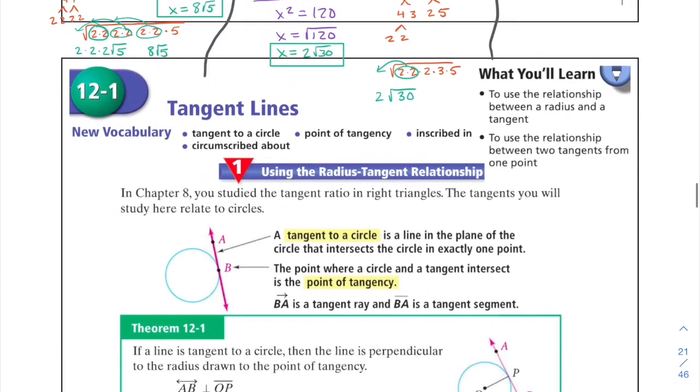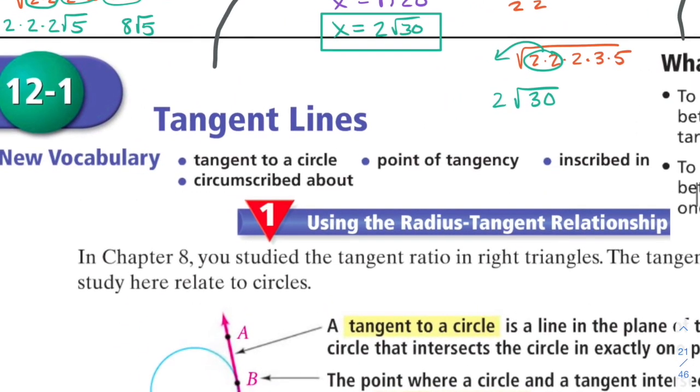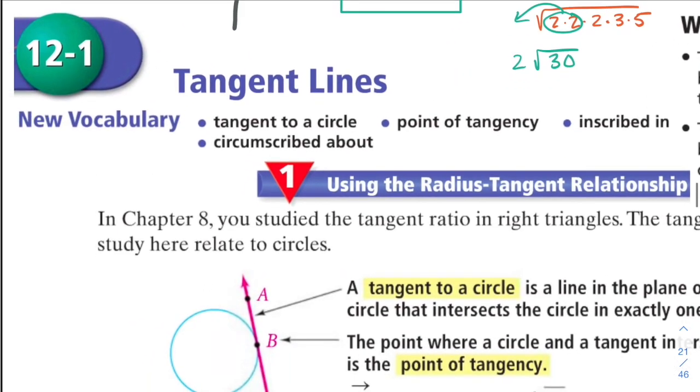So we have this lesson's about tangent lines. Remember in our first lesson in 10.6, we talked about what a tangent line is. It's almost like if you take an egg and you lay it on a table, the point at which the curvature of the egg is touching the table, that is a point of tangency.